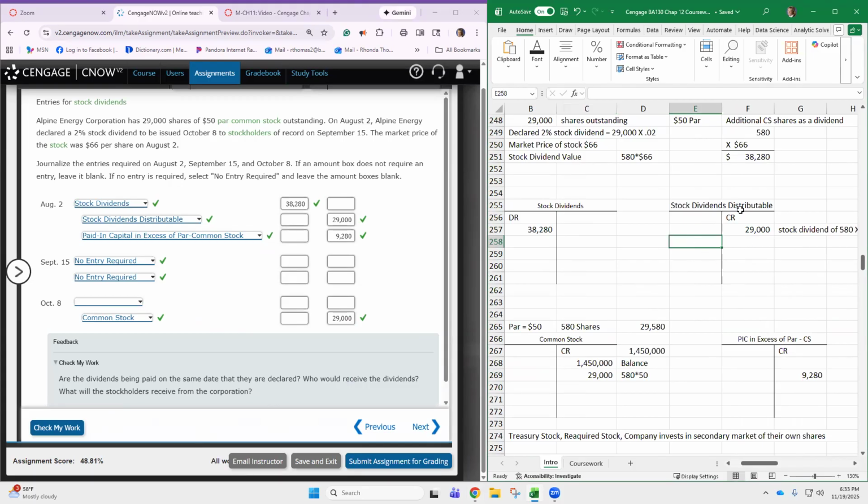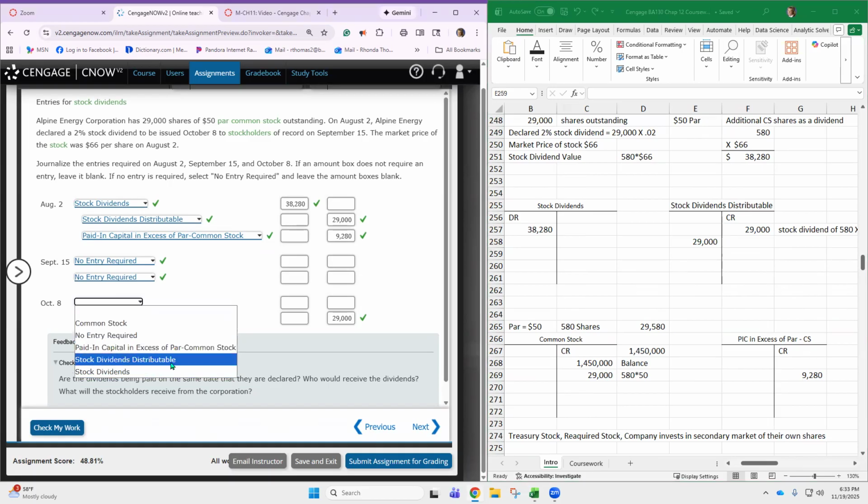A stock dividends distributable is pretty much a liability that says we will be paying this out. So here is the debit, and it's going to go to stock dividends distributable. I think we made it.